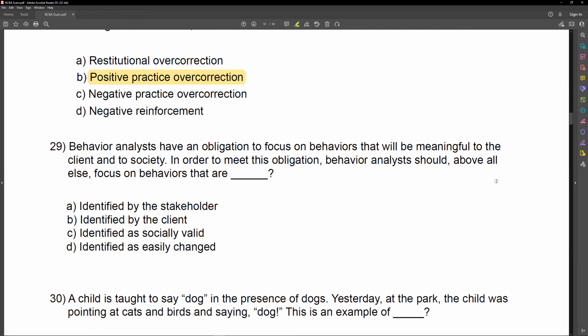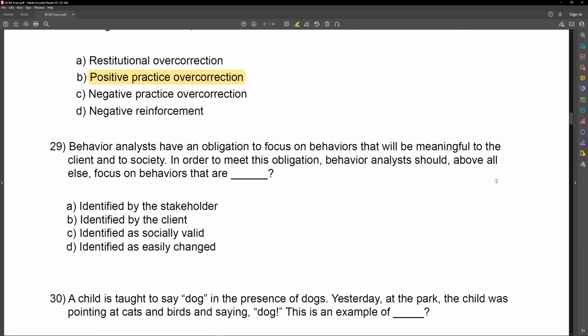So above all else, we should not just look at stakeholder behavior. What about the client? Again, the client has a say. The client is part of the treatment process, and it's important to think about what the client wants. But again, above all else, we're looking for meaningful change for the client and the society. The client might not always know what that is.